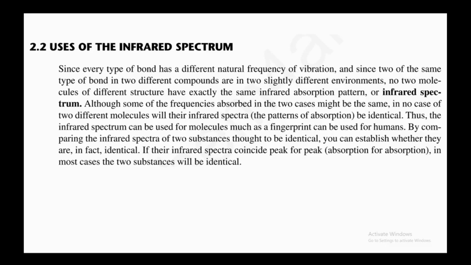By comparing the IR spectra of two substances thought to be identical, you can establish whether they are identical in fact or they are different. If their IR spectra coincide peak for peak, absorption for absorption, in most cases the two substances will be identical. So IR spectroscopy serves as a fingerprinting technique for detection of organic molecules that possess covalent bonds, or that are capable of showing some sort of dipole moment.